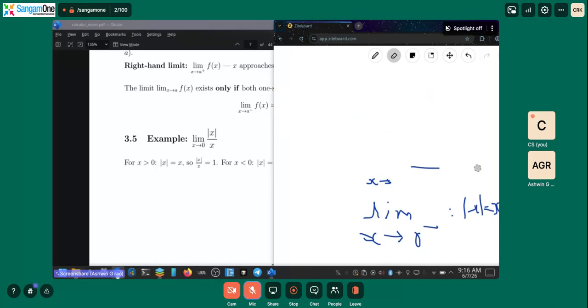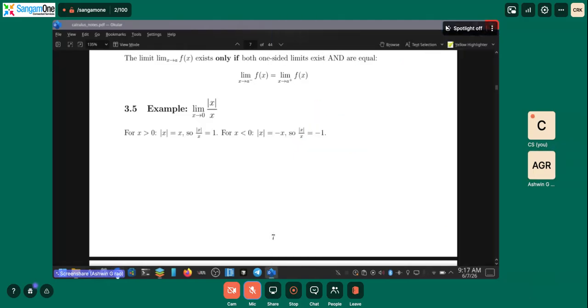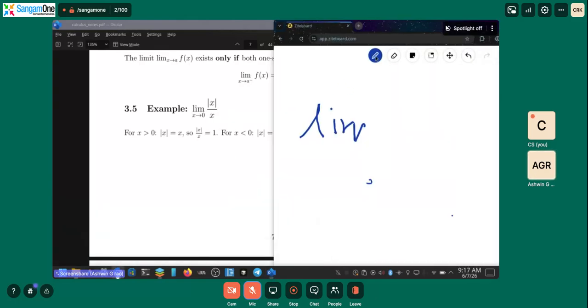So what about x less than 0? For left hand values, it gets negative, I guess.